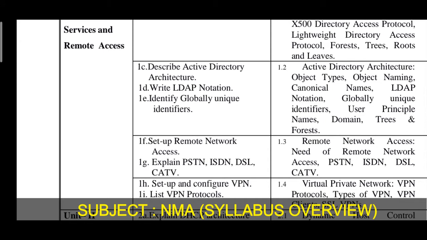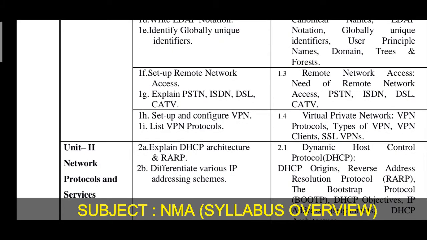These topics are asked again and again in the GTU exam, PSTN, ISDN, DSL and CATV with their full forms. So dear students, we have to learn these protocols and their full forms in chapter number 1, then set up and configure VPN, and list the VPN protocols.